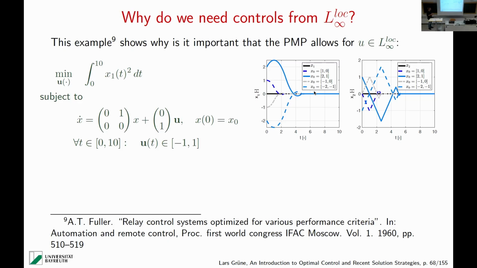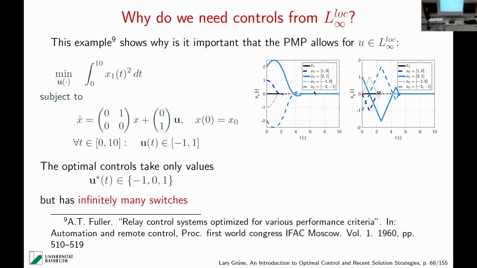Of course, this is still a special measurable function, but at least it shows that something like piecewise continuous with finitely many jumps, which is what many people use because it simplifies some proofs, is not sufficient for all optimal control problems. And what I find in particular interesting is that, with these infinitely many switches, this is a totally easy problem, right? It's really a two-dimensional linear differential equation with a quadratic functional.